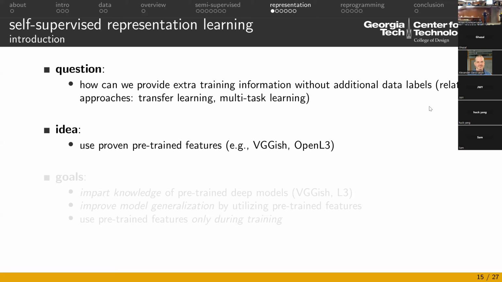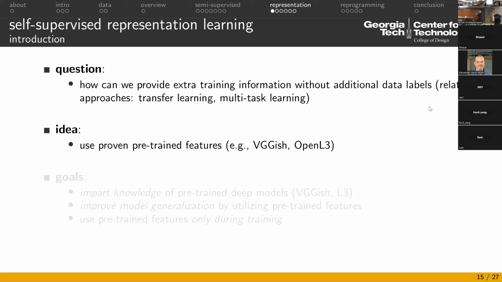And the idea here is to use pre-trained features. So we have these huge models. VGG is one. It's a super deep ResNet that was trained on YouTube data, really many gigabytes of data, and it was trained for audio classification for urban sounds mostly.